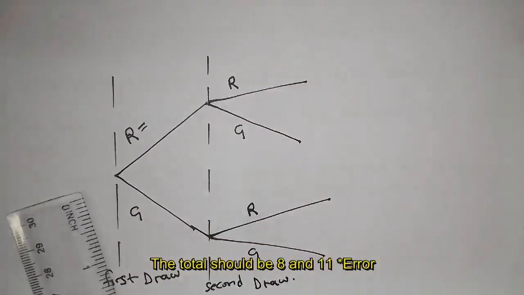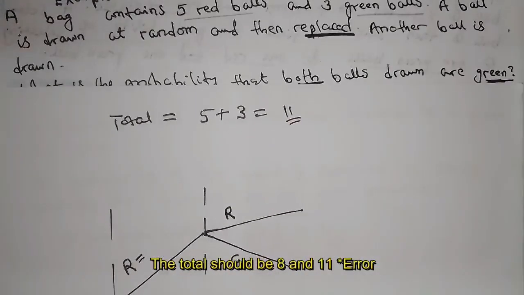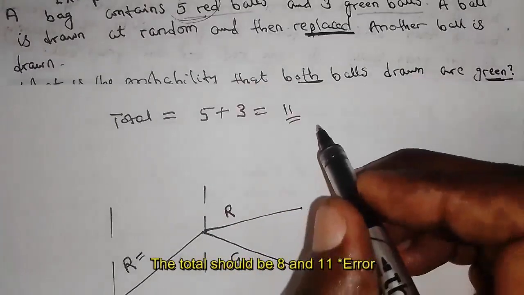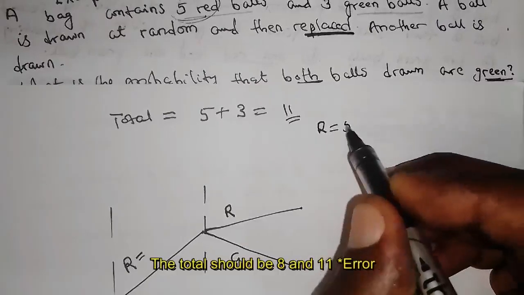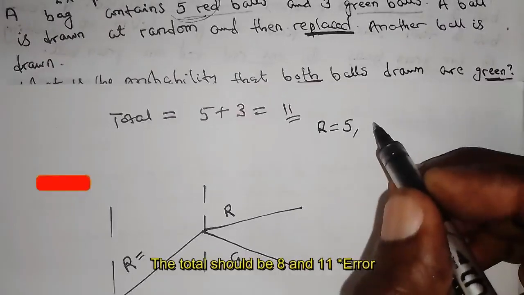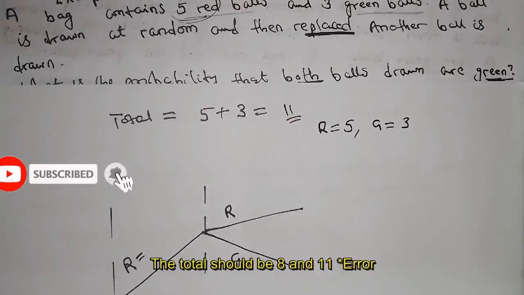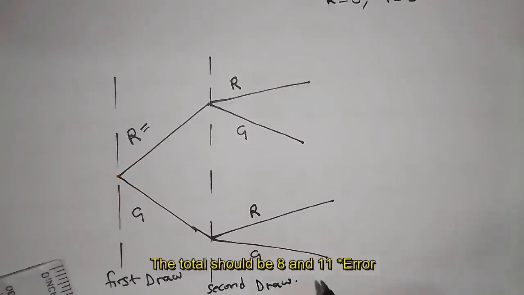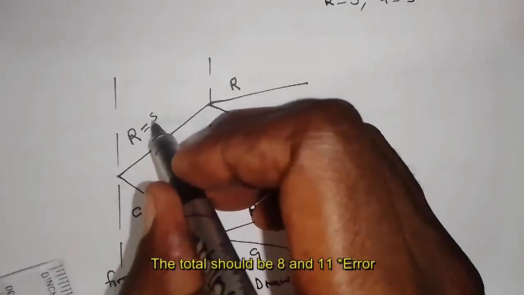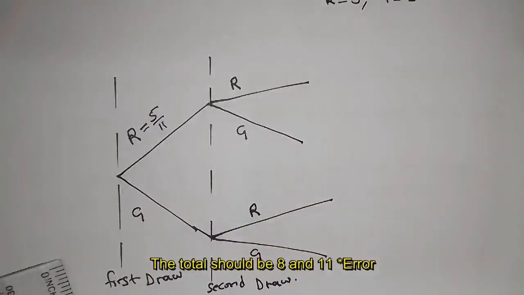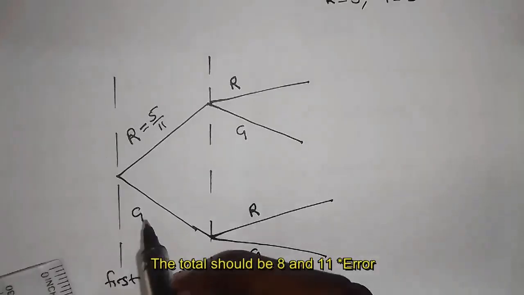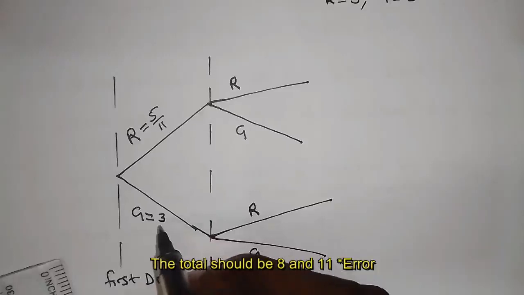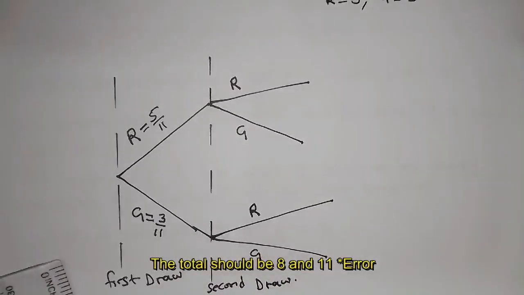We have 5 total of red, and then green is 3. So from there red is 5 out of 8, and green is 3 out of 8.